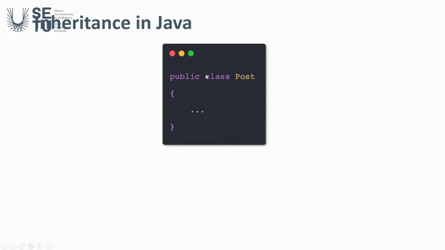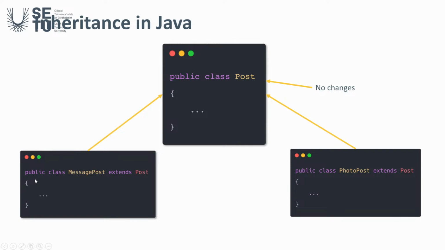So we're going to create a class called post. Then we're going to say public class message post extends post. Remember, our base class is just going to say public class post, and that's where all of the general information is going to be. And then when we create another class that's going to inherit from it, we say public class and the name of this class, and then we say it extends post.